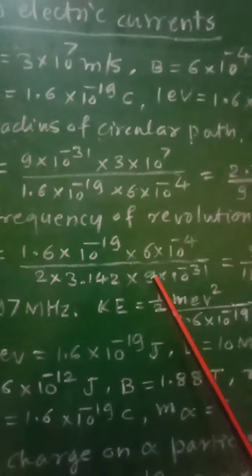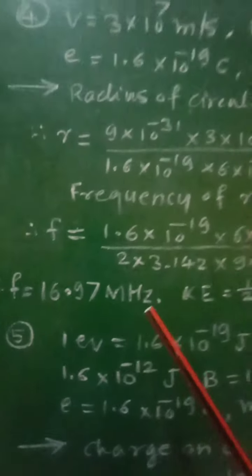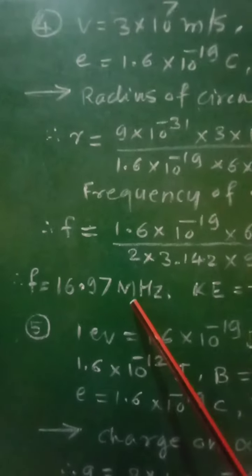Simplifying this we will get 9.6 upon 18 into 3.142 into 10 raised to 8. And therefore the frequency F comes out to be 16.97 megahertz. Now this will be the required frequency.